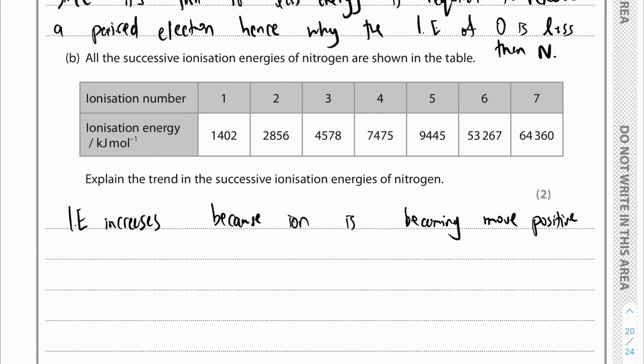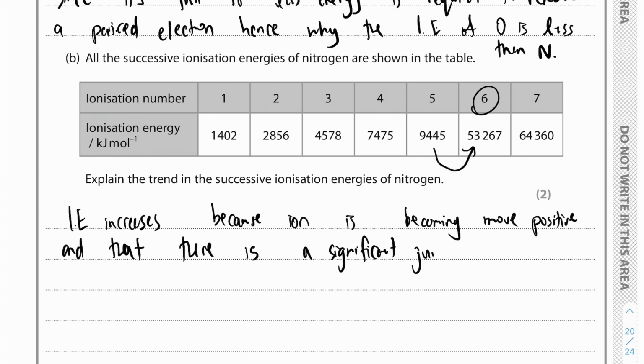And what about this jump from 9 to 53, which is a big jump, right? What's happening? And so this big jump is probably what? This 6th electron is probably removed from a new shell, and that there is a significant jump between 5 and 6 due to what?